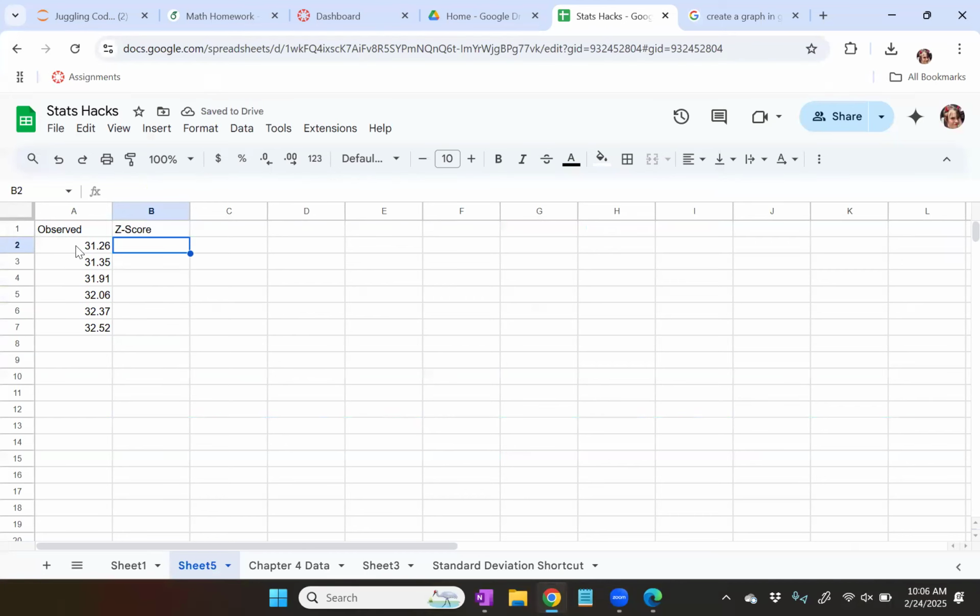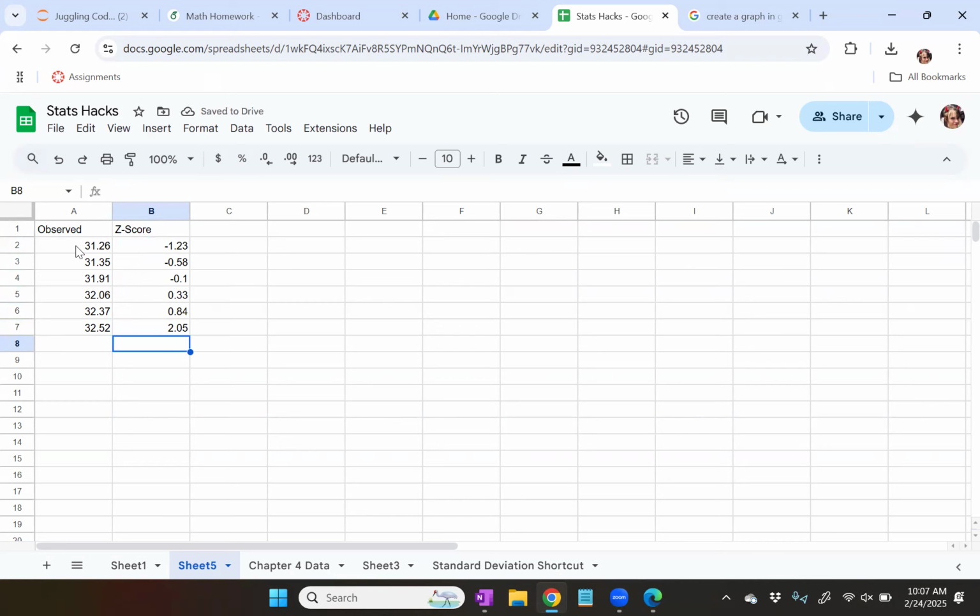And my expected Z-scores are negative 1.23, negative 0.58, negative 0.10, 0.33, 0.84, and 2.05. I'm going to check this in a minute, but for the moment.